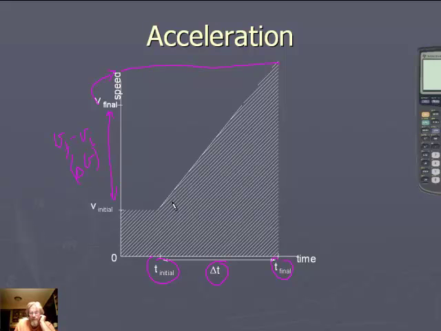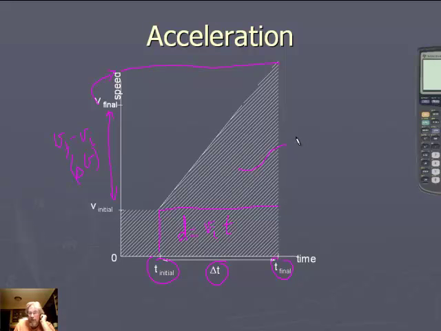Well, if we want to know the total distance covered, which is our objective here, probably the smart thing to do is divide this region here that we have through delta t into two simple geometric forms. The first one is a rectangle, and that's easy. The distance here is just going to be equal to vi times time.